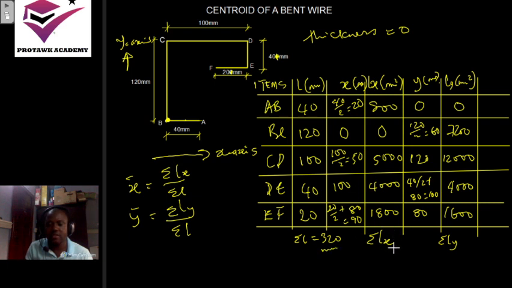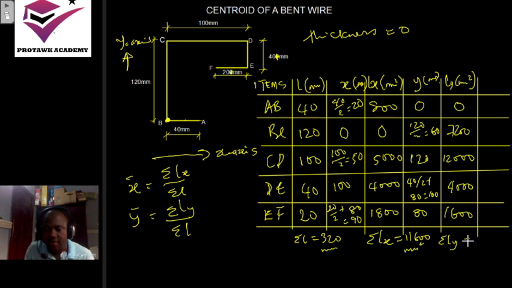Then we sum this one as 800 plus 5,000 plus 4,000 plus 1,800. This will be 11,600 millimeter squared.